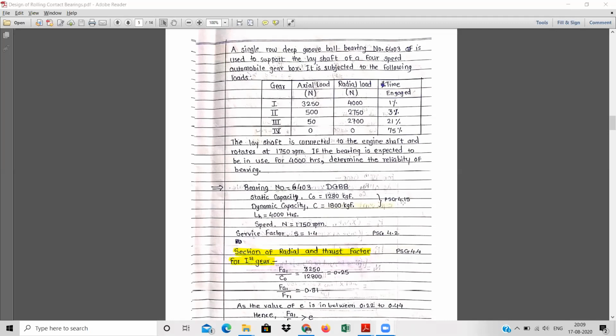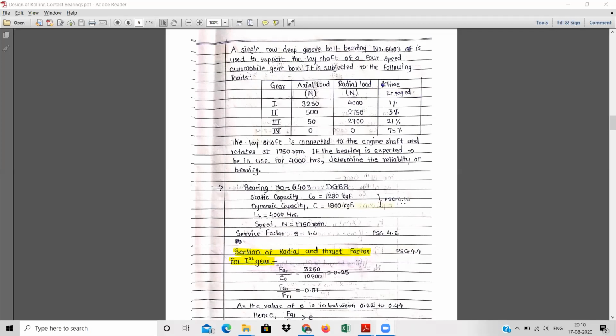The radial load also gradually decreases; for second and third it is nearly constant, but the time of engagement is highly variable. So based on these conditions, how can we find the life of the bearing? They have mentioned that we need to calculate the reliability of the bearing.